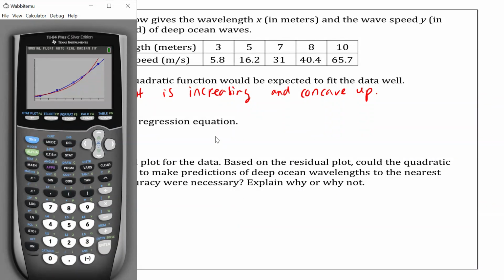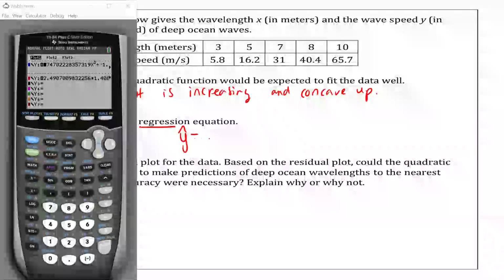So continue with our explanation. So now it says, what is your equation? Well, we're looking for the equation of the quadratic. Because I stored it, even if I closed it out, can I easily go find my equation? Yes. So just because I closed it out doesn't mean anything. So we got y hat. The reason why, again, when we're using a hat is because this is a regression. It is what we're using for prediction.